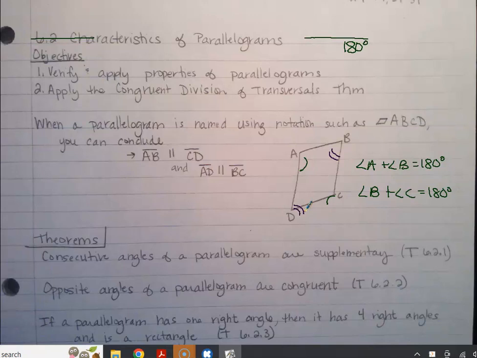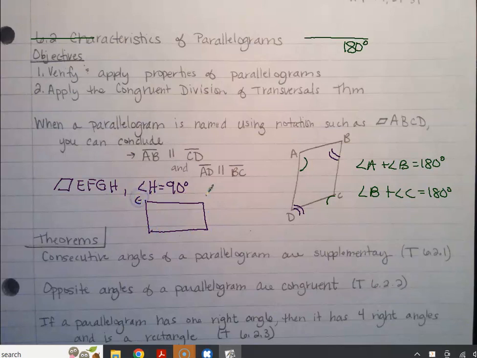So if we said parallelogram EFGH, and we're given angle H equals 90 degrees, then if this angle's 90, the thing is a rectangle.